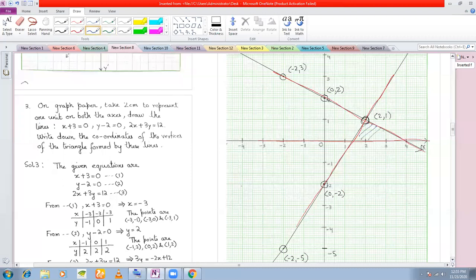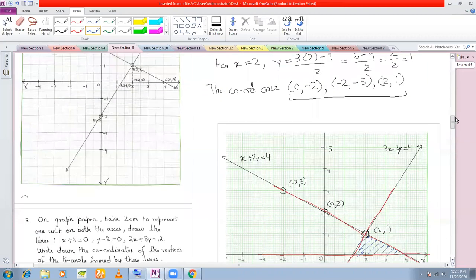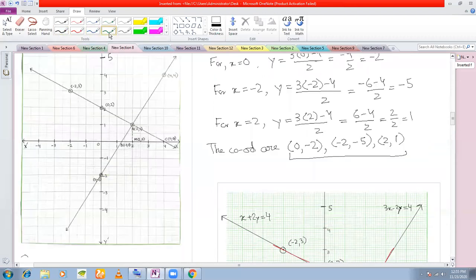This blue shaded triangle is the triangle formed by the two straight lines and the x-axis. I hope there is no question here. All of you can see the triangle formed by the straight lines and the x-axis. So now let us try to evaluate the area of this triangle.